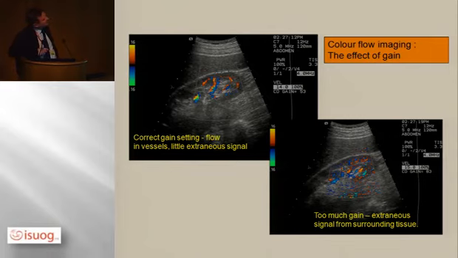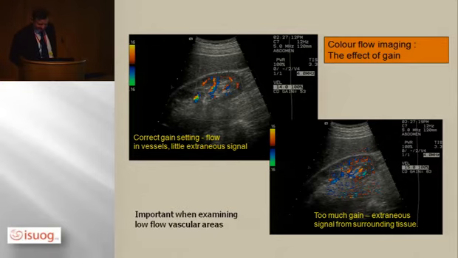You want to turn the gain down so that you can see the vessels you want to see, but you don't get this extraneous artifact. And of course, turn the gain down too far, and you'll see absolutely nothing. And that's another common cause of concern, that a sonographer or sonologist unfamiliar with a machine thinks the Doppler is not functioning, thinks it's not working, rings the engineer, and the gain is completely down.